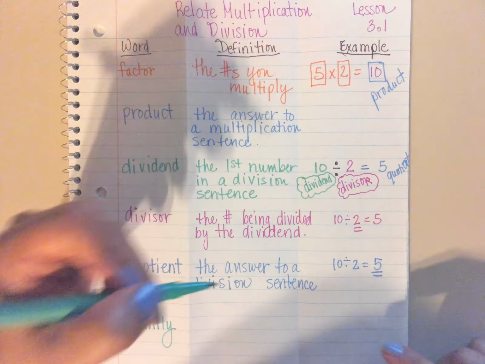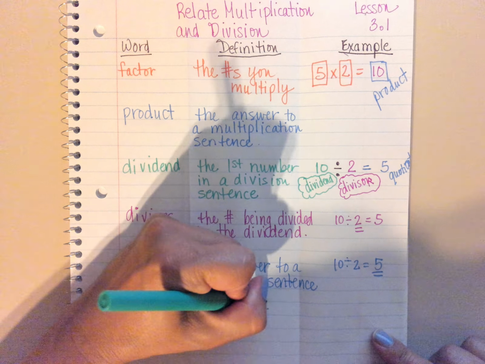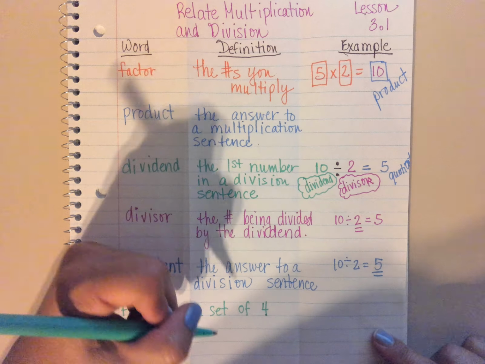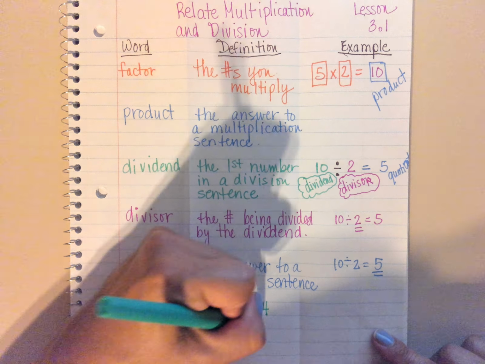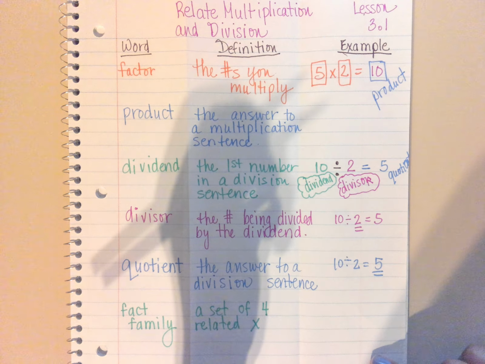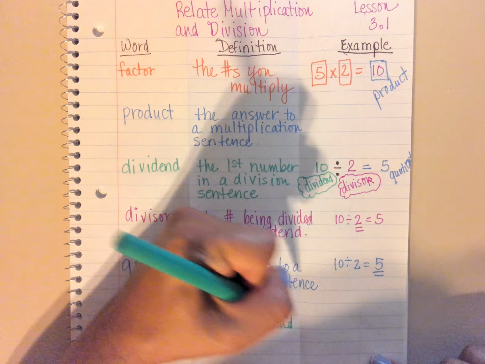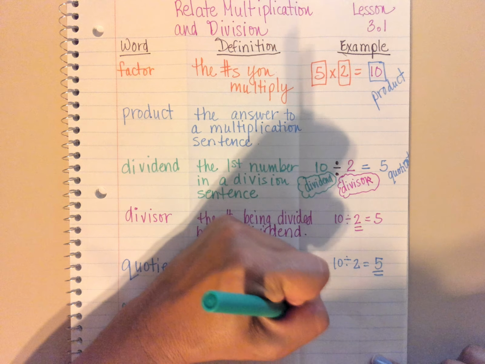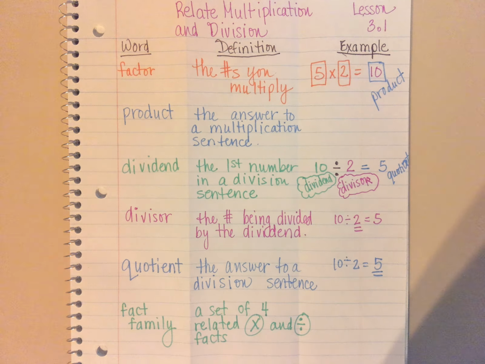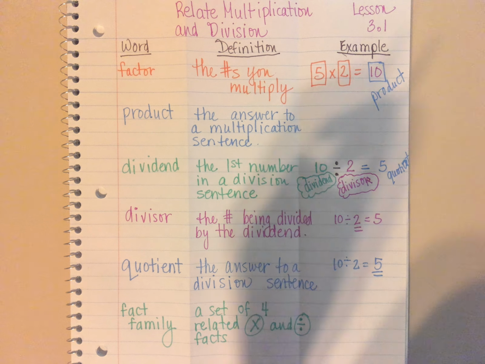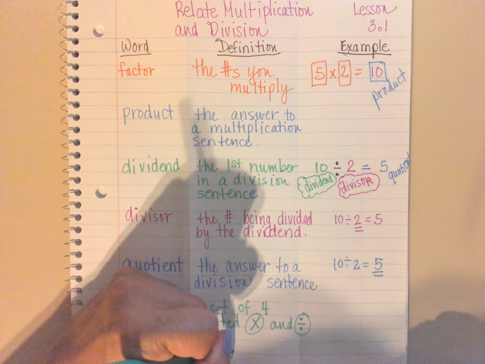A fact family is a set of 4 related times or multiplication and division facts. They use the same 3 numbers.